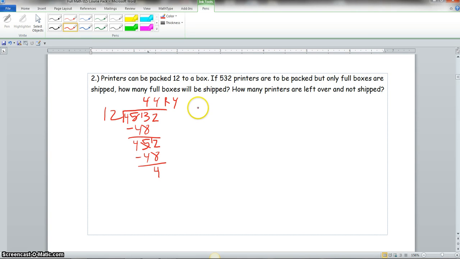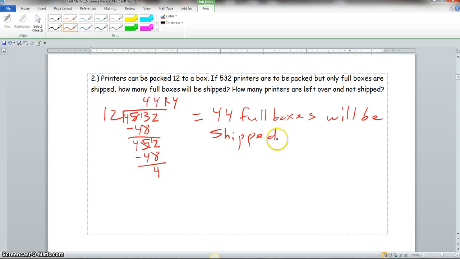Now they ask us how many full boxes will be shipped. So the first answer is 44 full boxes will be shipped. Now our next question asks us how many printers are left over and not shipped.